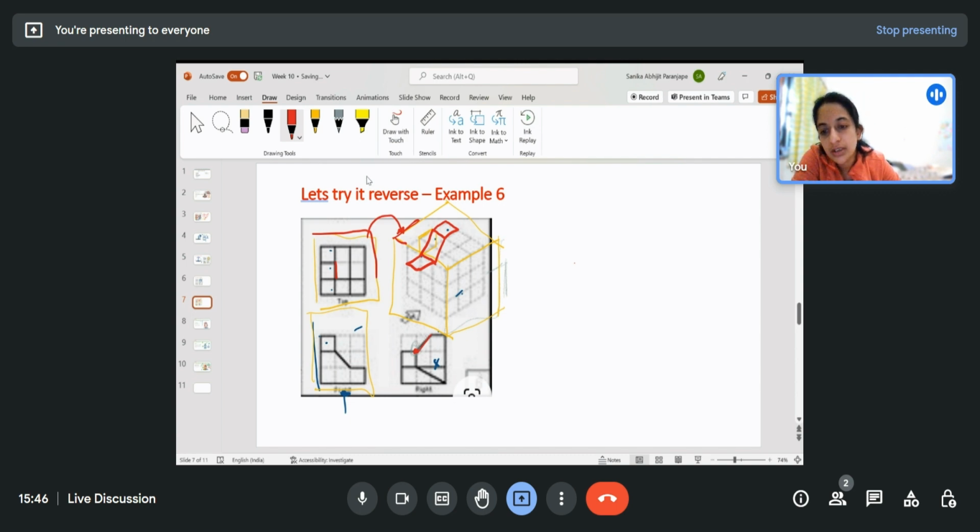Now I have to trace this slope. So this is from the front view. Front view corresponds to this plane. Now, to trace this, I will either move this way and this way. So I'm going to move parallel to the sides of this plane.